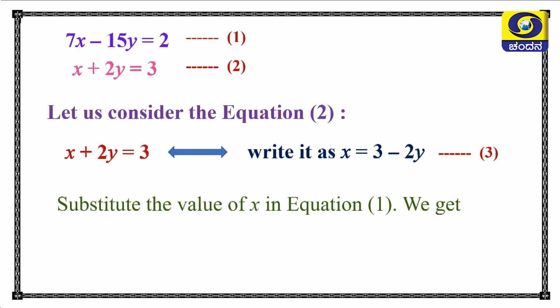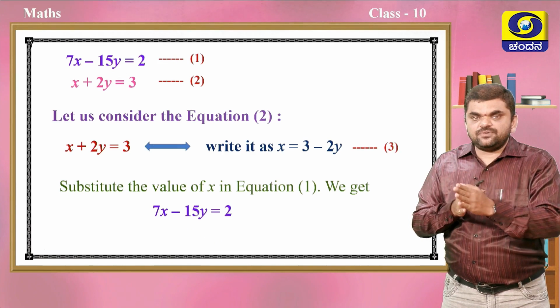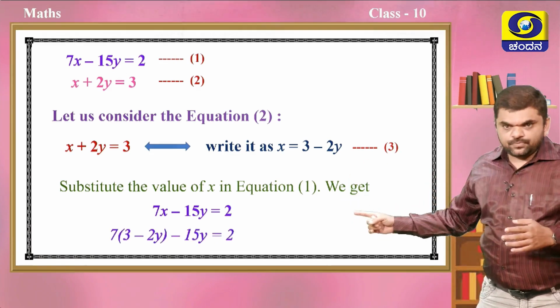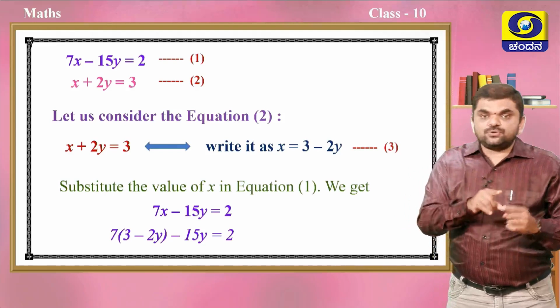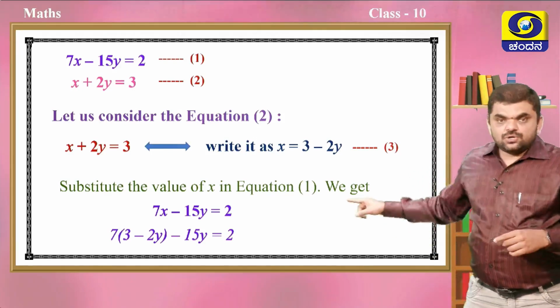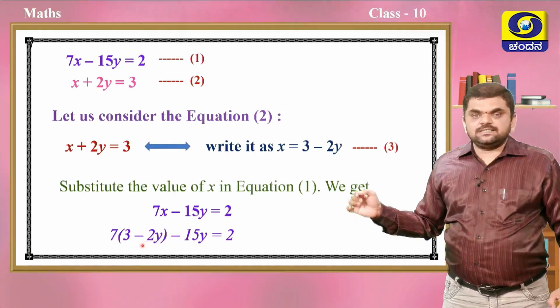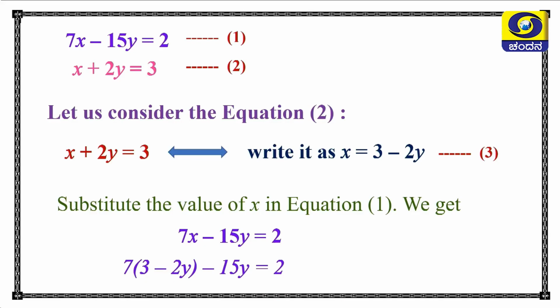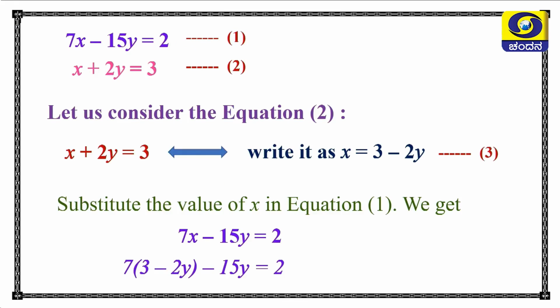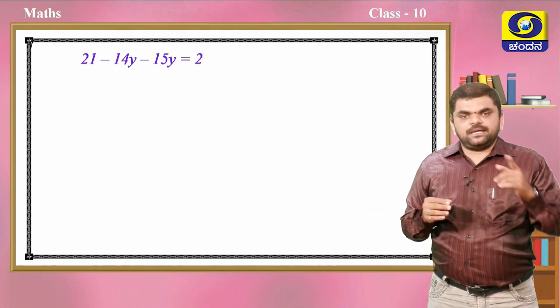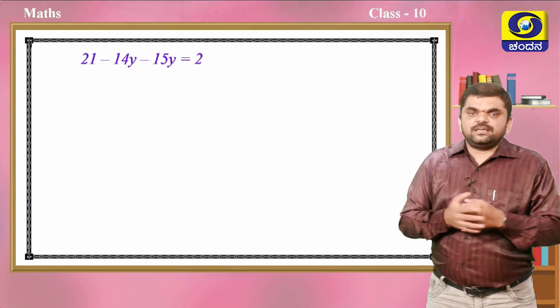Now substitute the value of x in equation number 1. What we may get? Equation number 1 is 7x minus 15y is equal to 2. We are going to substitute the value of x in this equation. So 7 into (3 minus 2y) minus 15y is equal to 2. Now we have to multiply 7 to 3 and minus 2y. We will get 21 minus 14y minus 15y is equal to 2.